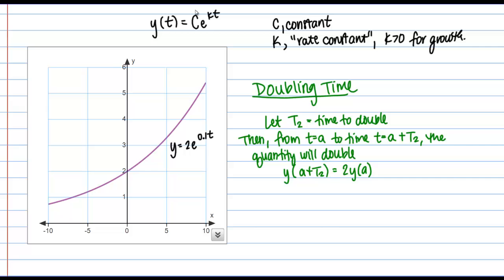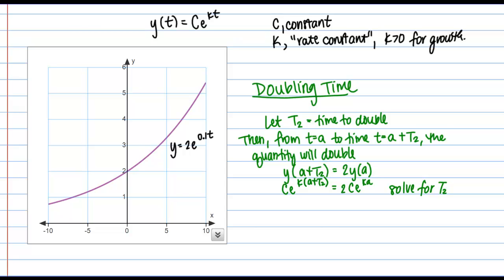And plugging into our exponential growth function, we could write this as c e to the k times (a plus t2) equals 2 times c e to the ka. So let's try to solve for t2, our doubling time.